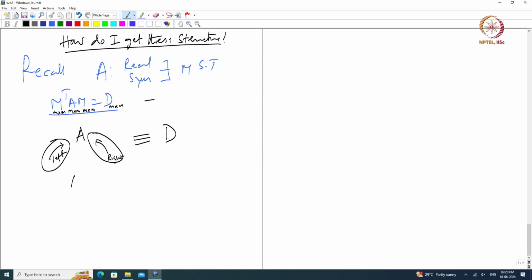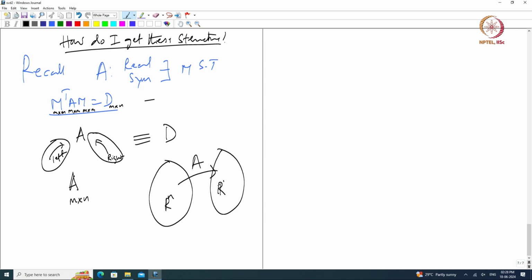So, similarly here A is m cross n. So, what does A do? A takes all R^n vectors to R^m vectors, correct. This is what A does. Whereas there A took all R^m to R^m, so there is no problem with this.